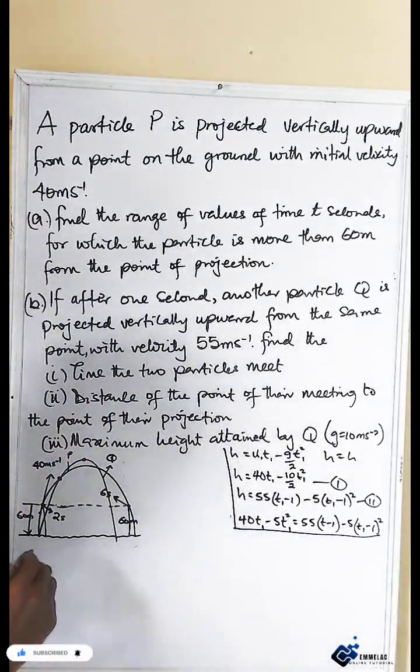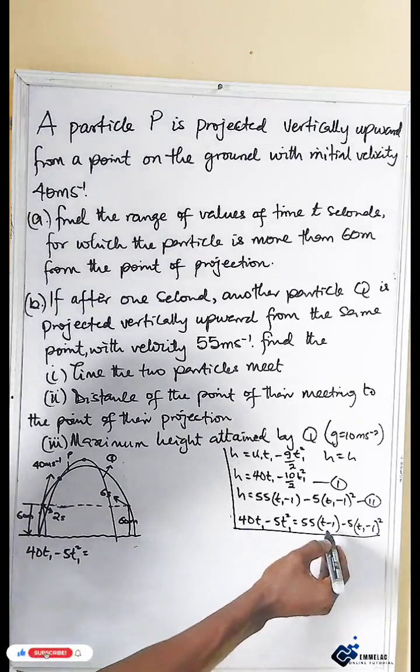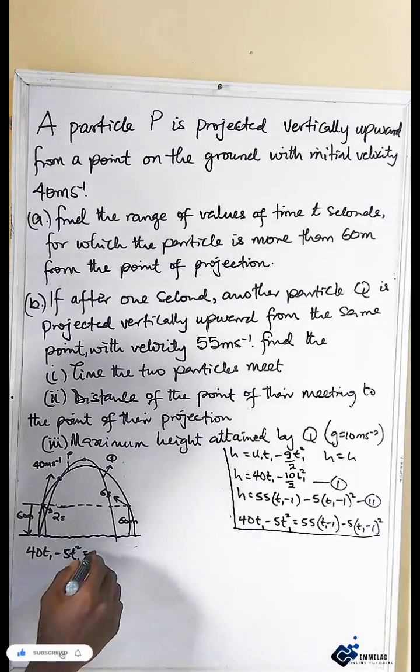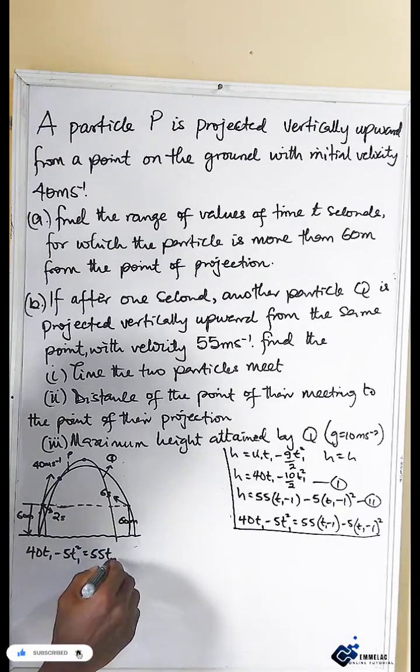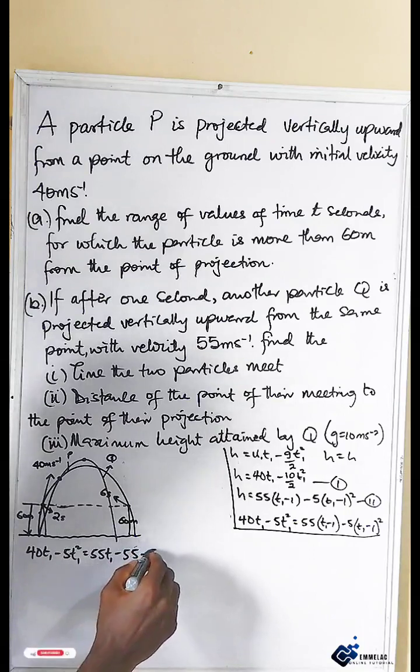So let us see here, 40 T1 minus 5T squared 1 then equals, opening the bracket here, take note this is T1 also, that will be 55 T1 minus 55 then minus 5.